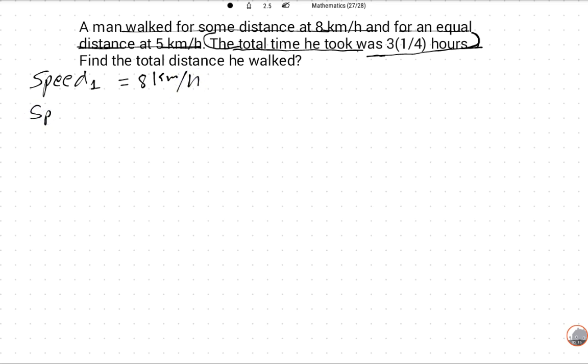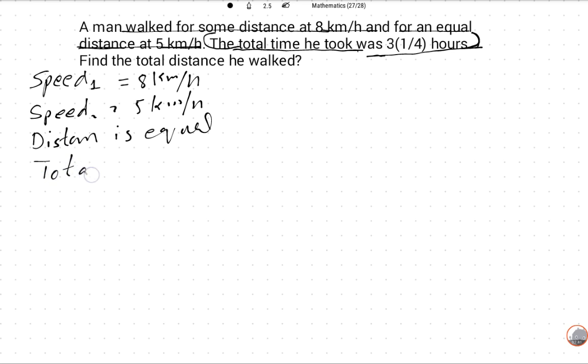Speed 2, 5 kilometers per hour. Distance is equal. Okay. Total time, 3 and 1/4 hours.